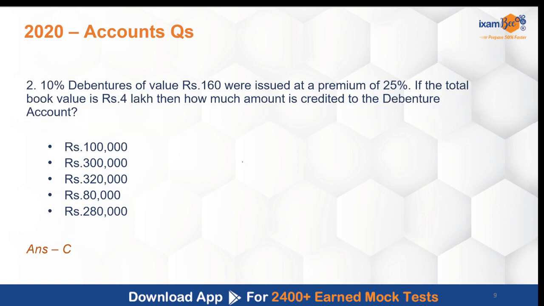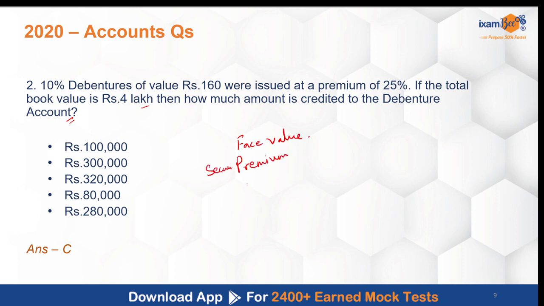Second question, 10% debentures of value rupees 160 were issued at a premium of 25%. If the total book value is 4 lakh, then how much would have been credited to the debenture account? Now this requires the understanding that when any security, here they have taken the example of debentures, is issued, then there is the face value and then there is the security premium.